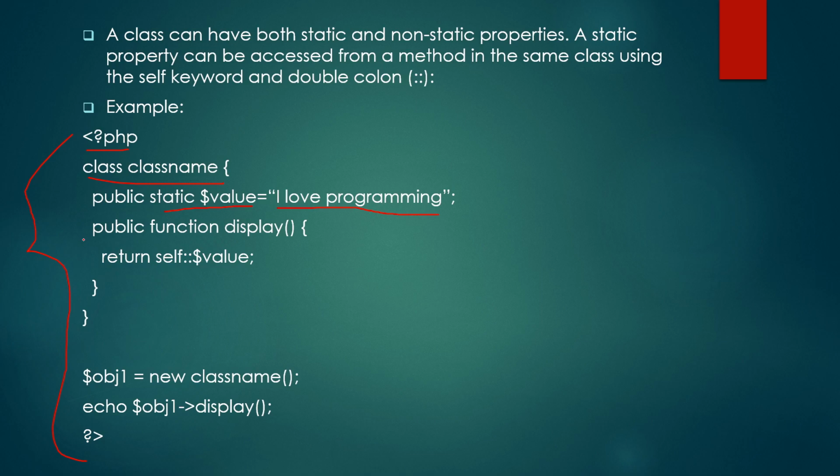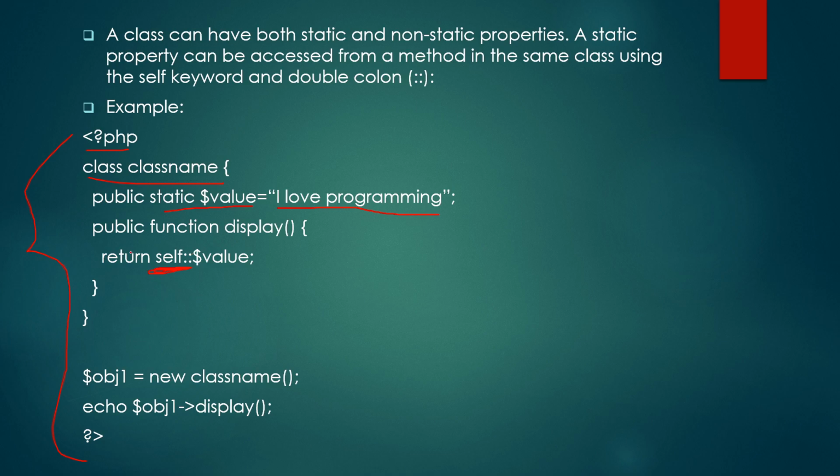Now I have created a function. If I want to access any variable from a method, we made use of the this keyword in case of a non-static property. But if the property is static, then we make use of the keyword called self. So I'll just say return self double colon and the property name.